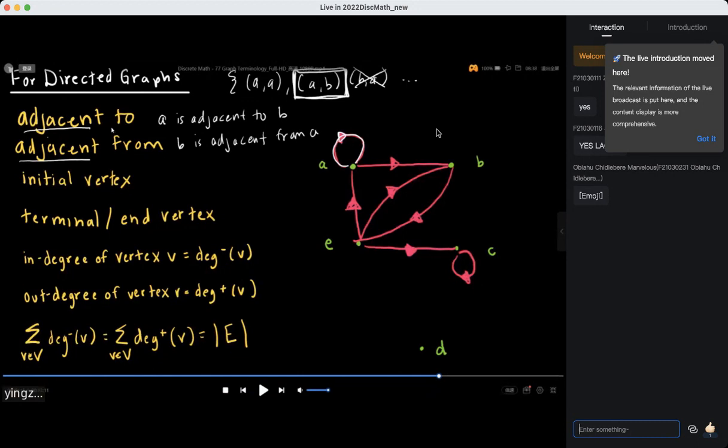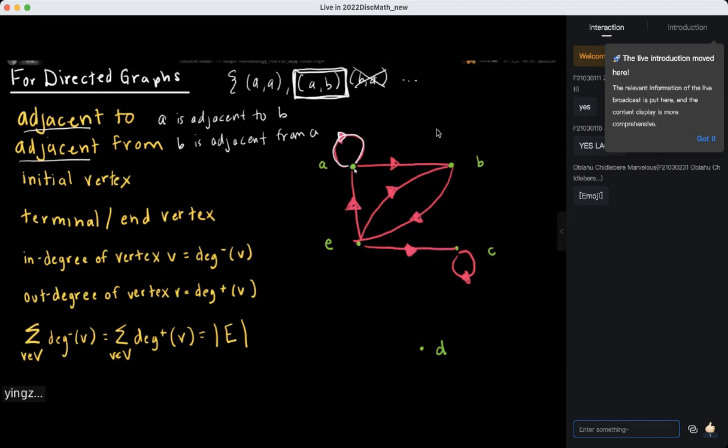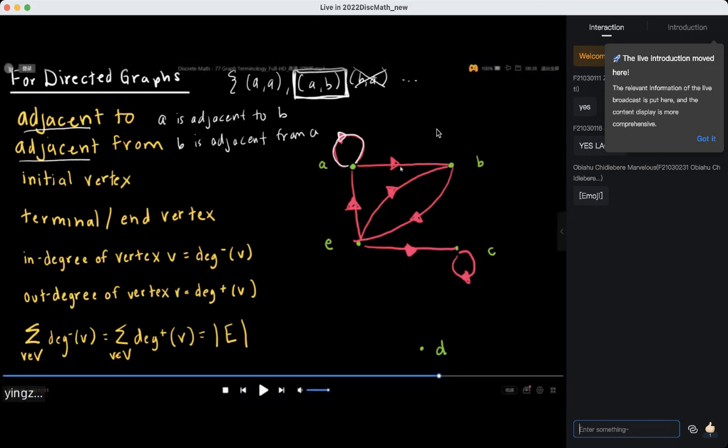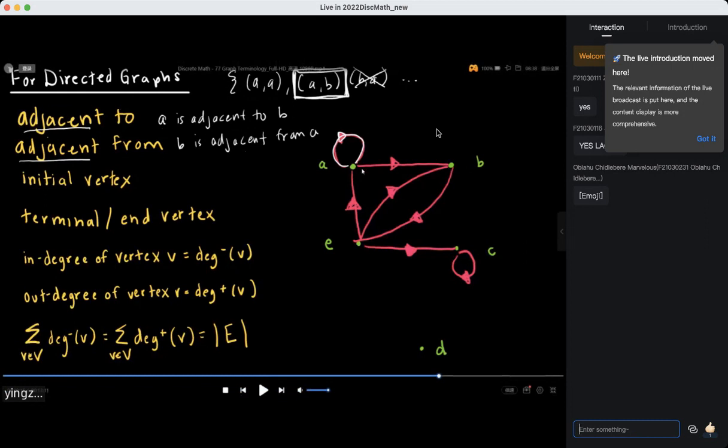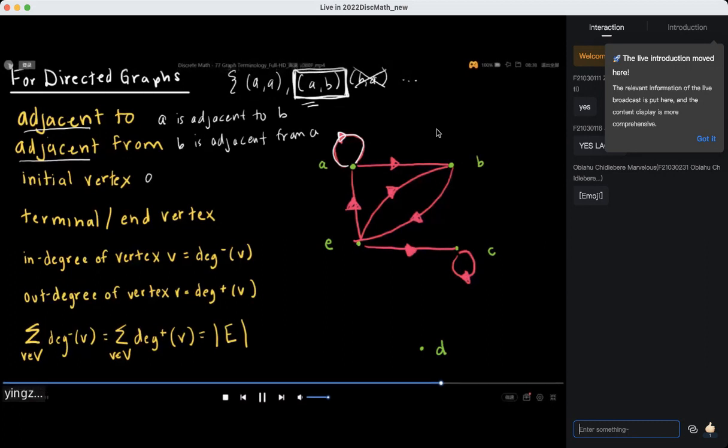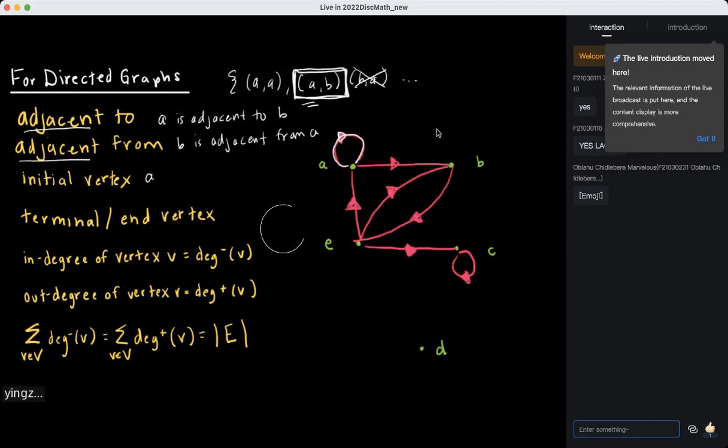To describe this direction we use the words to and from. A adjacent to B is out. Adjacent from can be seen as the in. B is adjacent from A, meaning it's coming from A to B. So the initial vertex is the first vertex, but the terminal or end vertex is the second vertex.